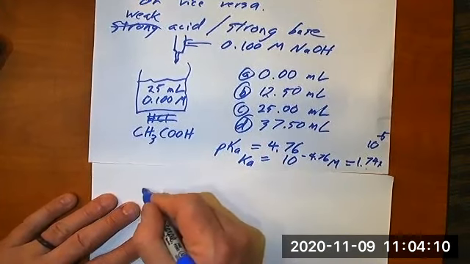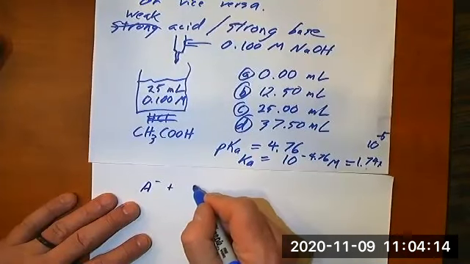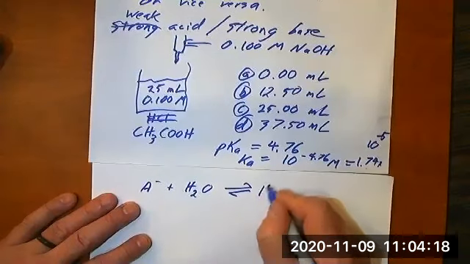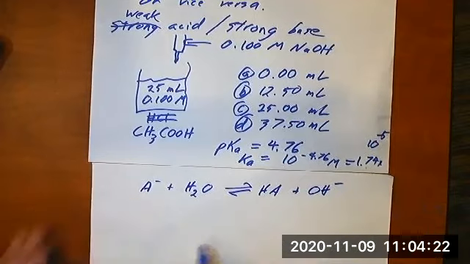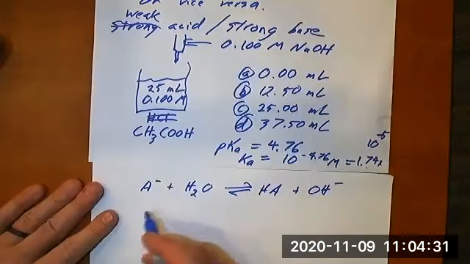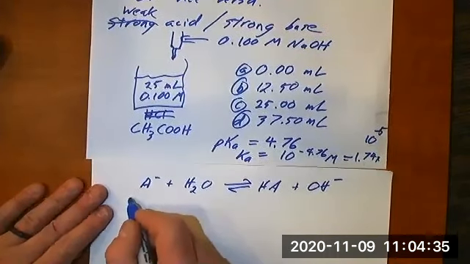And so the active reaction at that point is A minus plus H2O in equilibrium with HA plus OH minus. So the standard base reaction for a weak acid, for the conjugate base of the weak acid we were starting with.